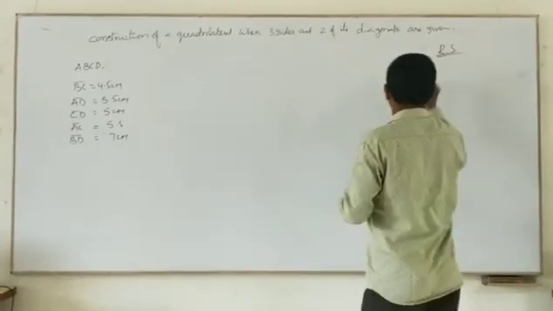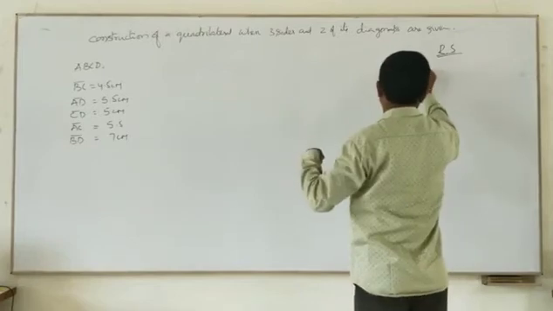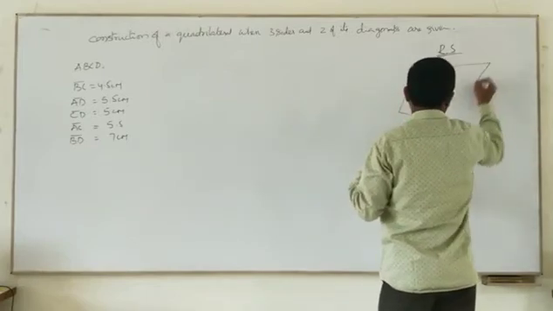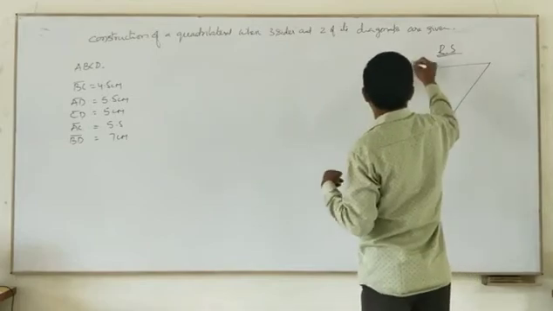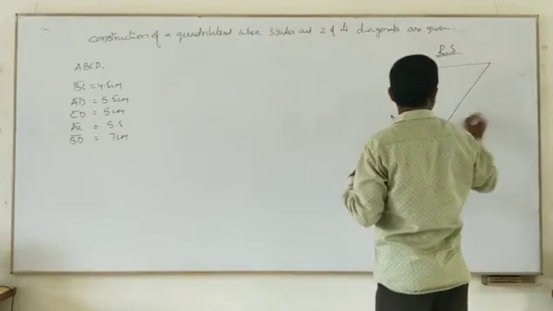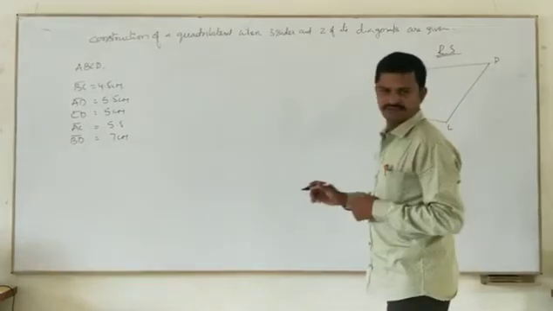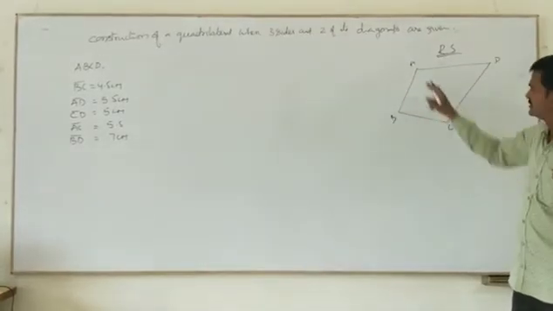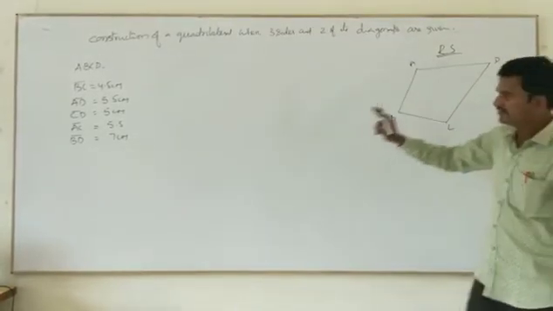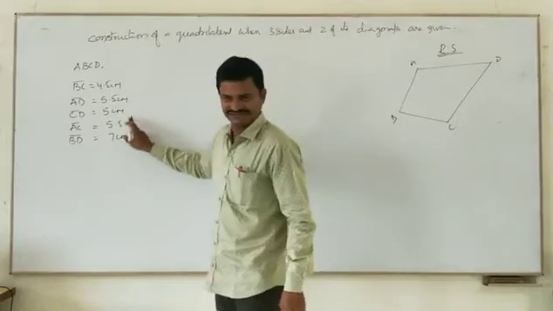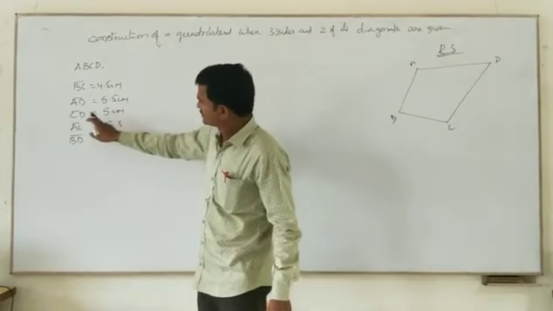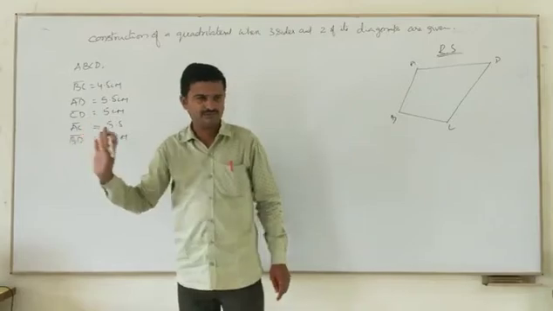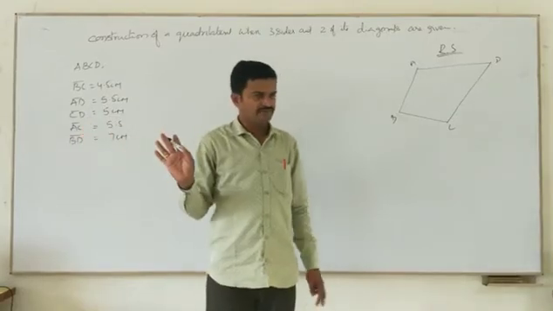RS means rough sketch; you can draw it any way, no problem. Let us take A, B, C, D. In that ABCD, what are the diagonals? AC and BD. What other sides are given? BC, AD, CD. Are you clear?